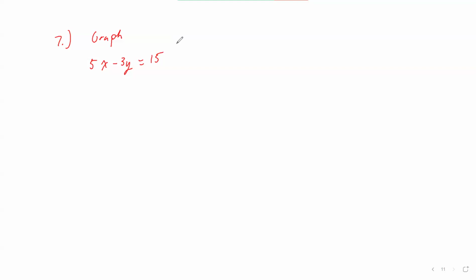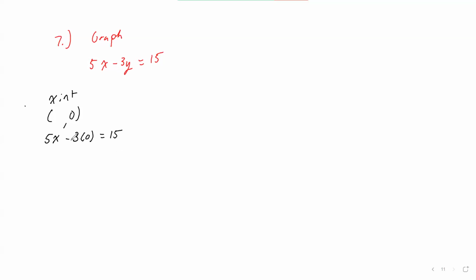All right, so let's look at it. I want the x-intercept, and I know the y value would be 0. So I'm going to replace that y with a 0. This becomes 5x minus 3 times 0 equals 15.